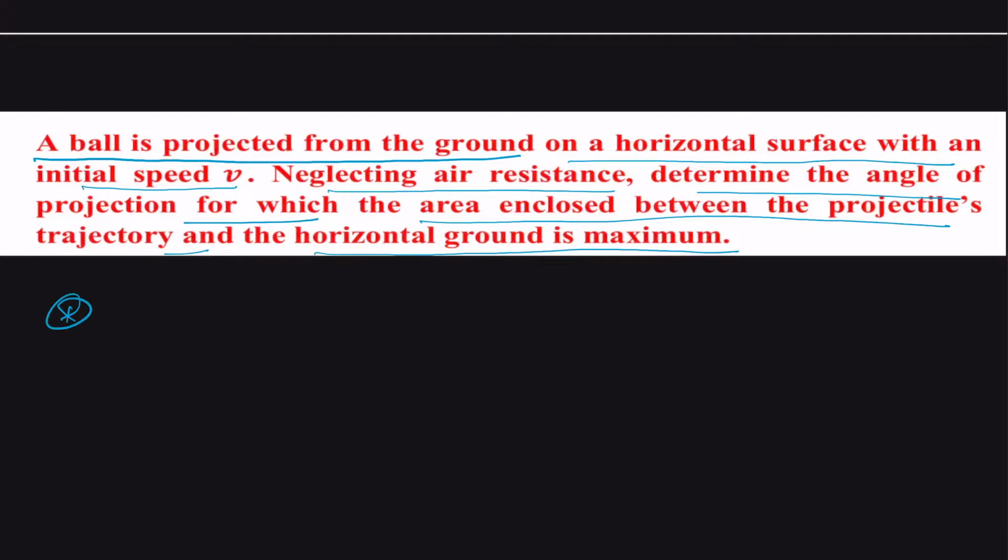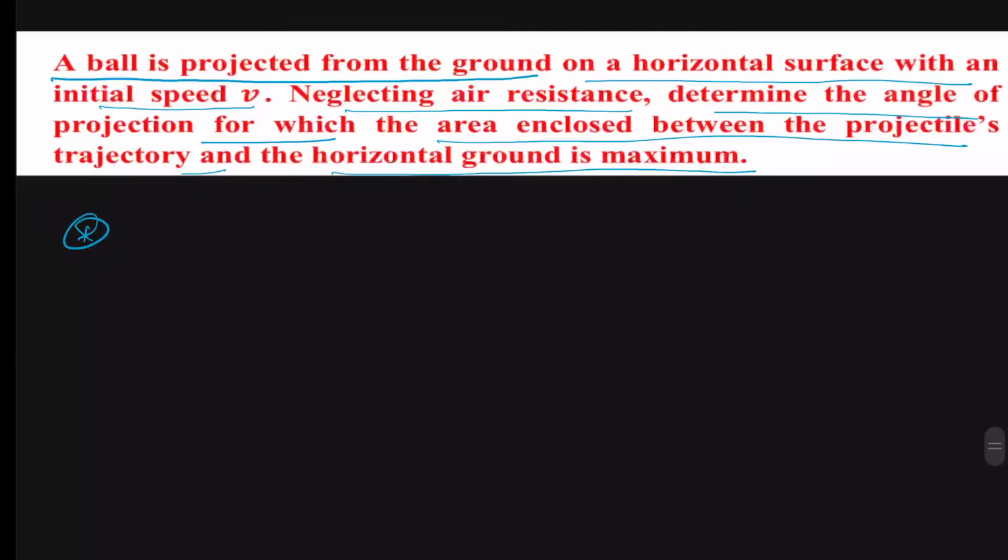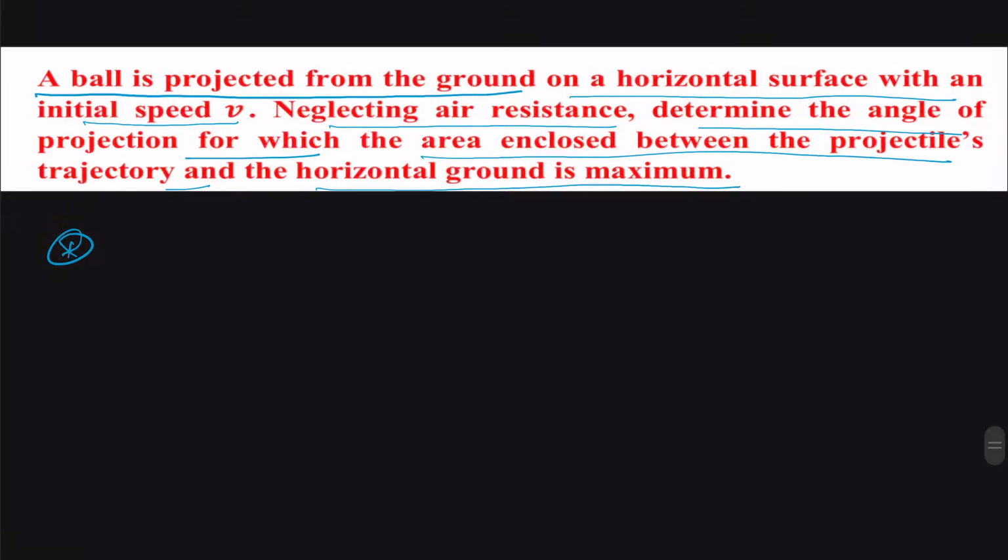Therefore, let us draw an approximate figure. This is our velocity v at angle theta, and it is going to have two components, our v of x and our v of y.